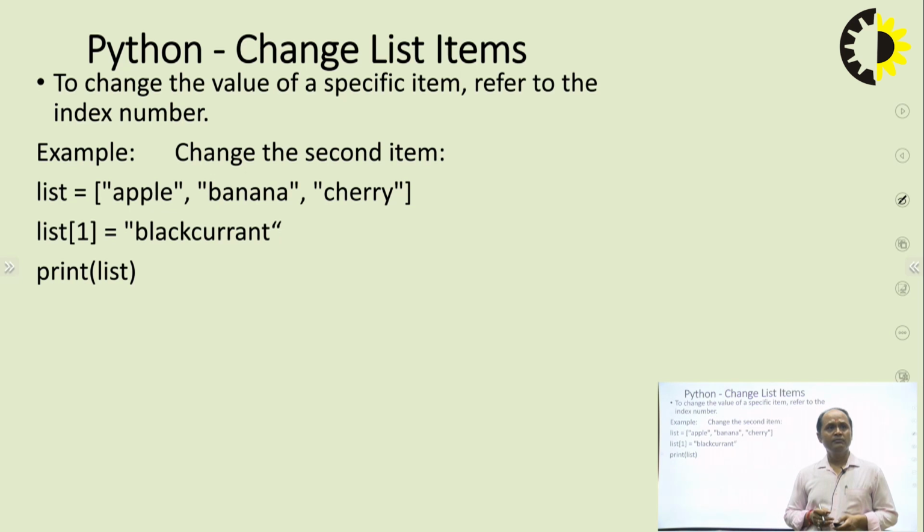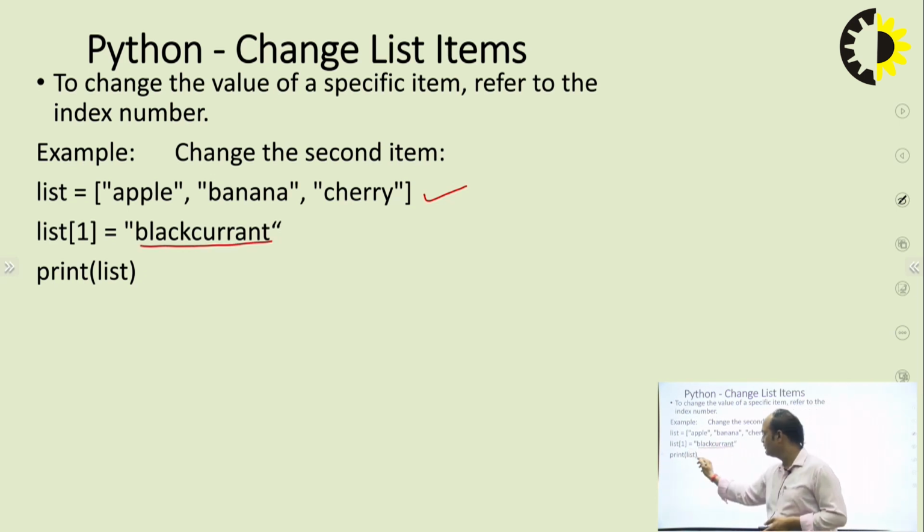And when we want to change the value of a specific item, how will we do it? Suppose we want to change the second data item in a particular list. We define the list apple, banana and cherry, and we replace the second item, banana, with blackcurrant. We define the list, put the value blackcurrant at index 1, and print it.